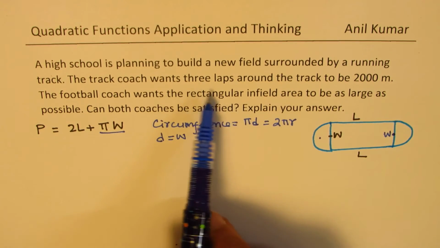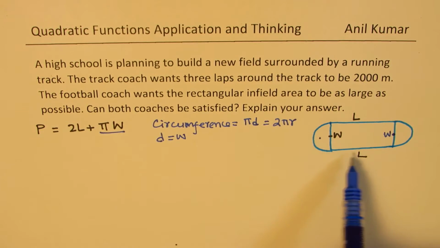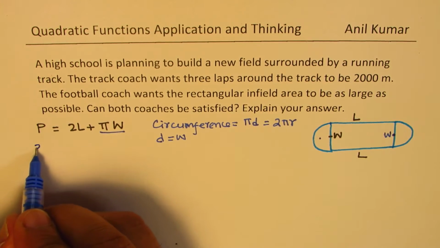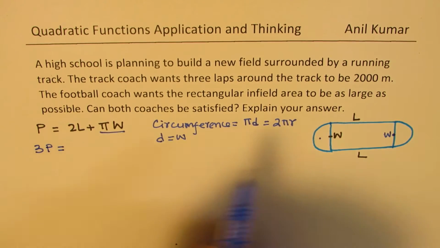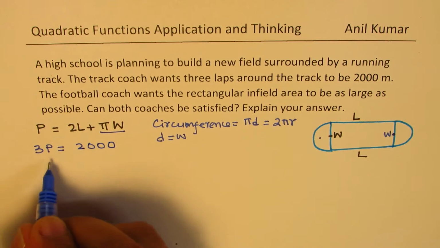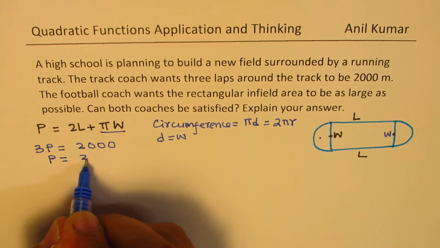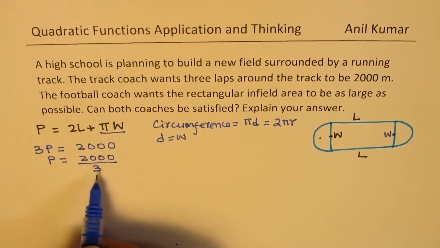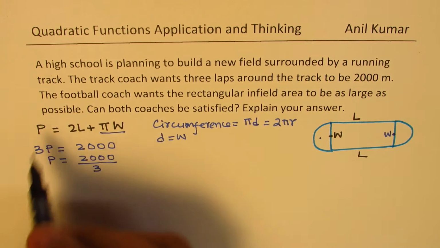We are given that 3 laps, that is 3 times this perimeter, is 2000 meters. So 3 times perimeter is equal to 2000 meters, so P should be equal to 2000 divided by 3. Let's substitute this value in our equation.